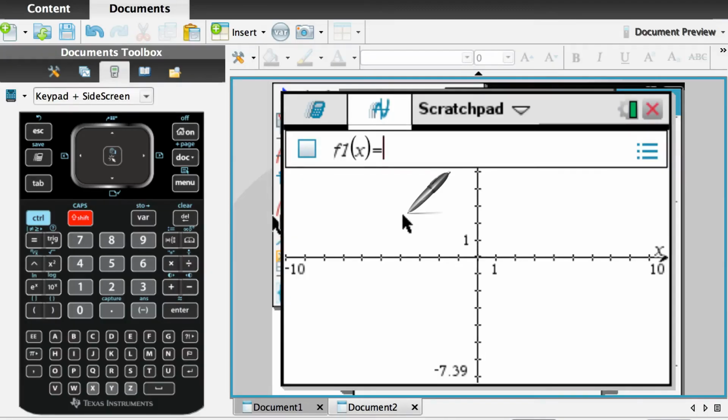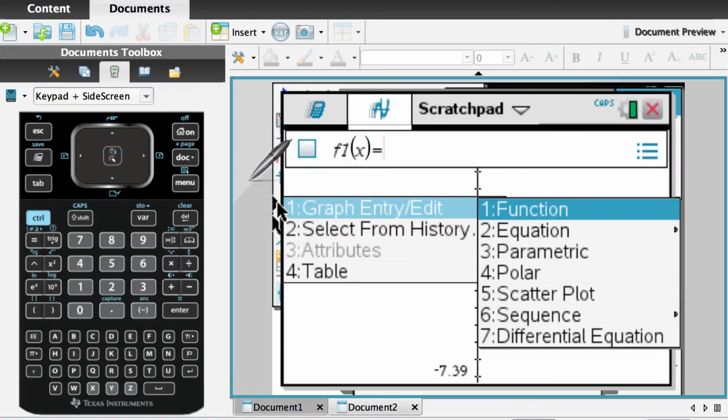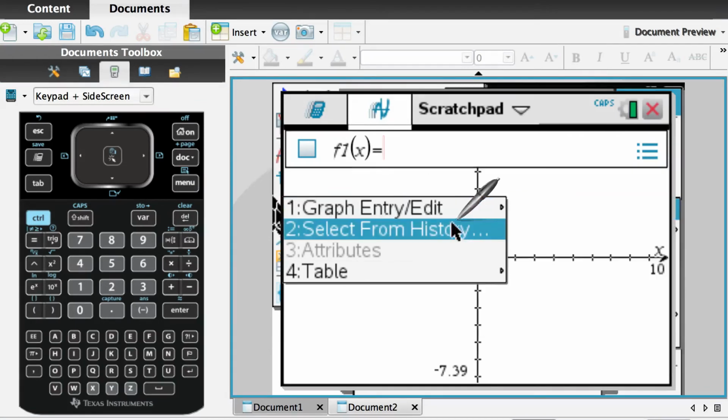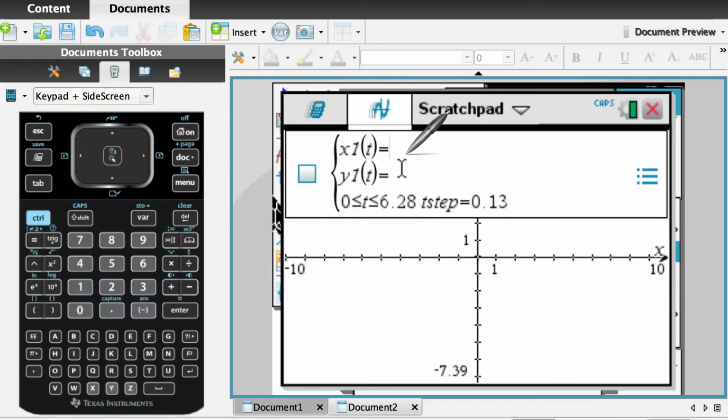Okay, here we are in our calculator, and the first thing I'm going to do is change my calculator to be in parametric mode. So graph entry and parametric, and now I am in parametric mode. So our equations that we came up with were -2 plus 2 cosine of t.